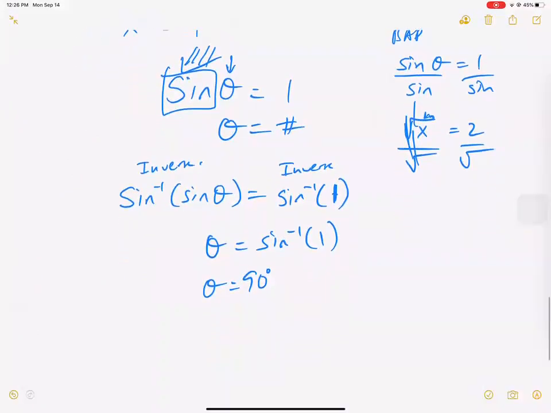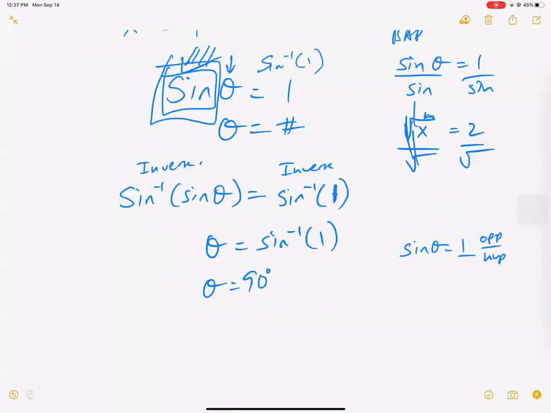So our point is that we can do all these problems with our calculators, sure, but we also develop skills to do this by hand. Again, how do I do this on a calculator? I want to get rid of sine, so we're going to sine inverse both sides. Sine inverse of 1 is 90 degrees. If I draw that out, sine of theta is equal to 1. 1 is the opposite over hypotenuse.